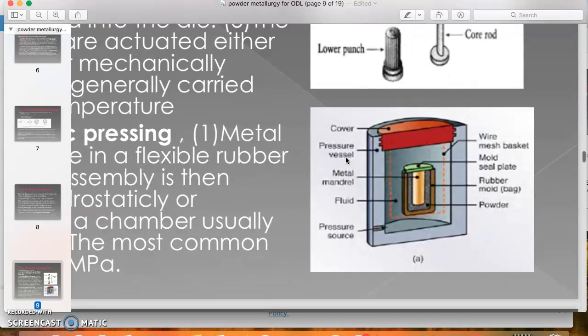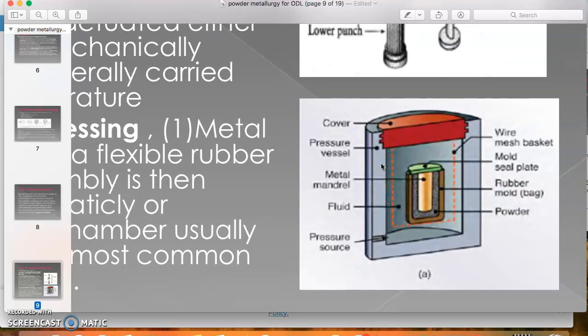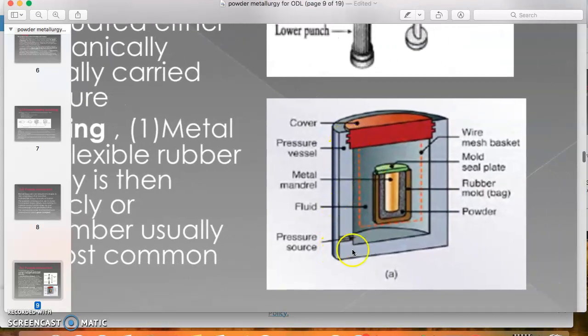Okay, for the isostatic or hydrostatic pressing, we have a container, a pressure vessel, and inside here we put a liquid or fluid.